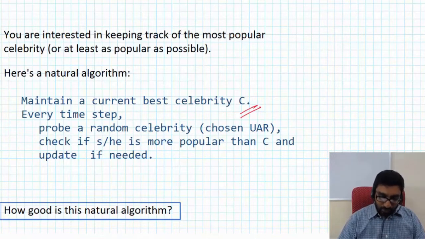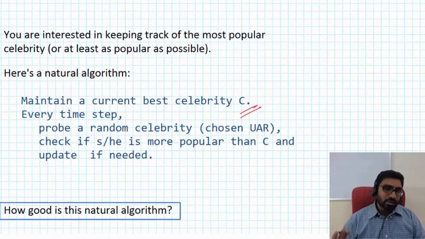If the probed celebrity is more popular, then you update C. That's it. It's a very simple natural algorithm, a perfect algorithm that can just run in the background, and eventually we hope to be able to report a celebrity that is fairly popular.